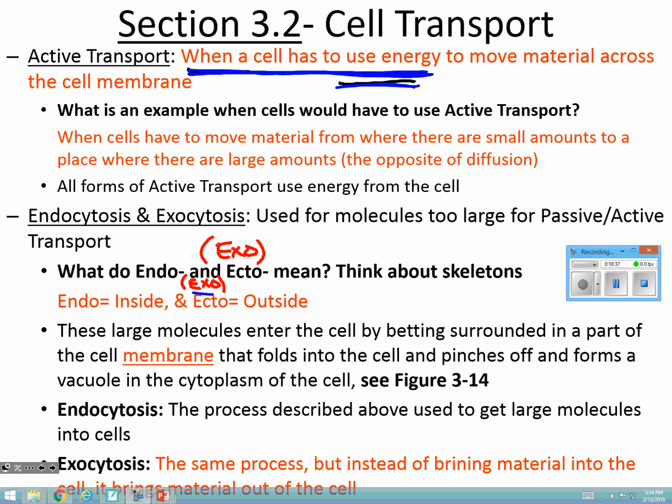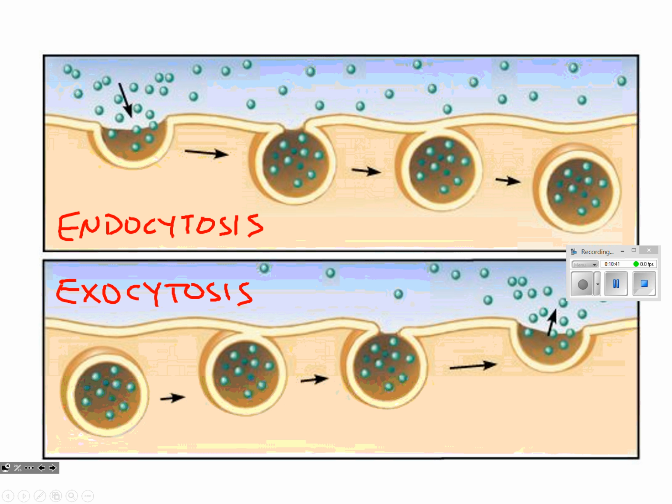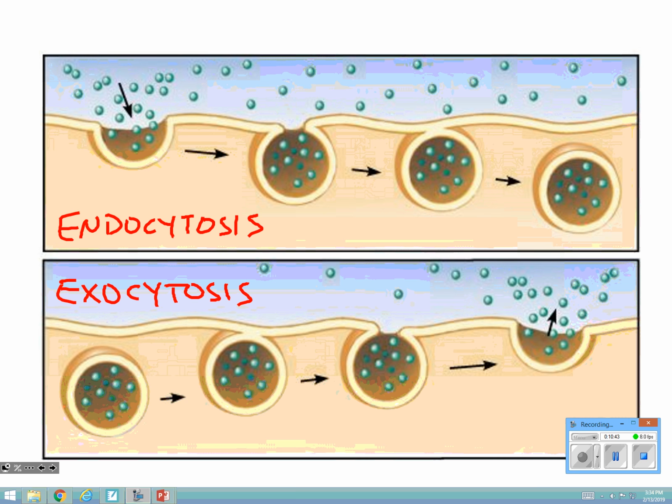So what actually happens with endo and exocytosis is the cell membrane. Cell membrane is an amazing thing. The cell membrane can actually form a bubble that can collect things or push things outside the cell. So the top one here is endo. Endo means in. So let's say that this cell needs to get all these little blue molecules into the cell.